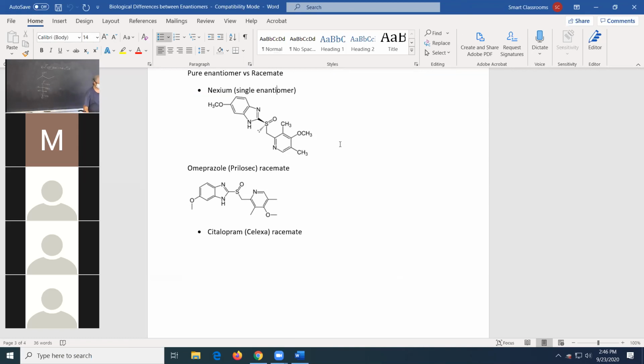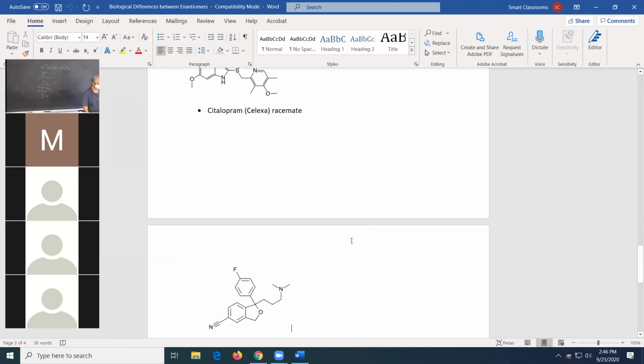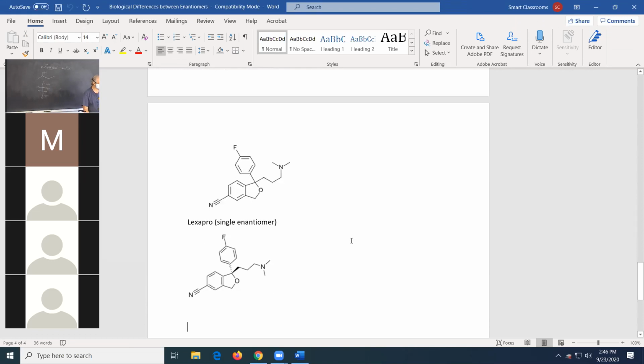And then another example here is Lexapro and Celexa. Okay, these are used to treat depression. Celexa is the racemic, and then Lexapro is a single enantiomer.